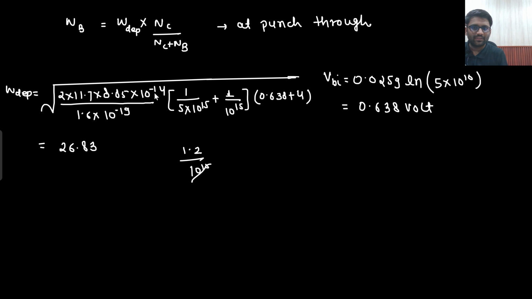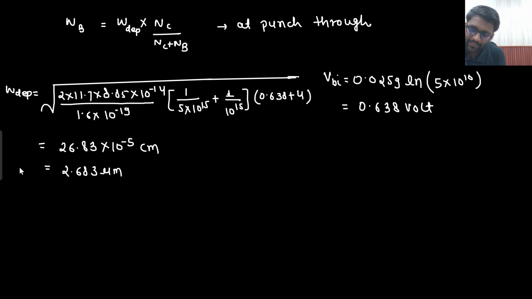No, this is 10 to the power minus 4. 10 to the power minus 5 will also come outside. This much centimeter we are getting. So basically it would be 2.683 micrometer. This is the W depletion we are getting.